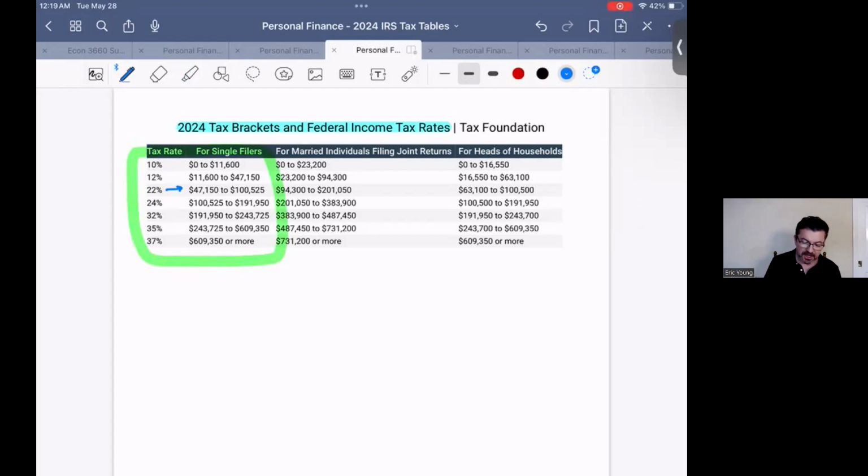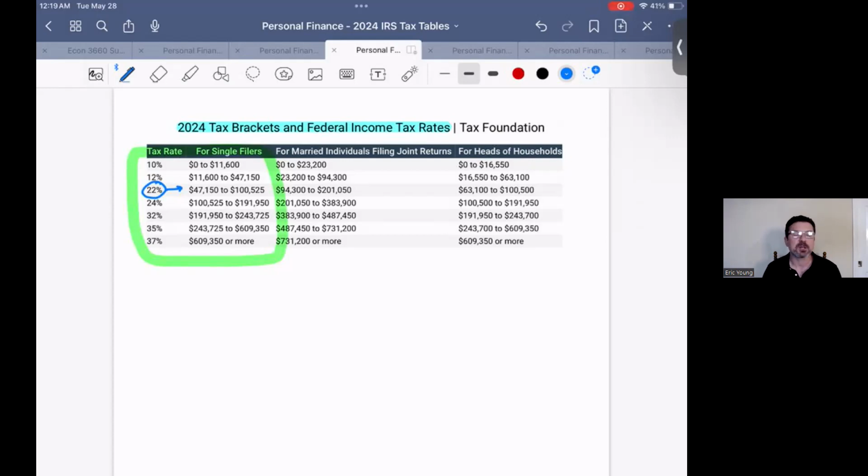And as long as you're in that bracket, what we call that marginal bracket, or what we would specifically call the 22% bracket, each additional dollar of income that you earn will be taxed at 22%.